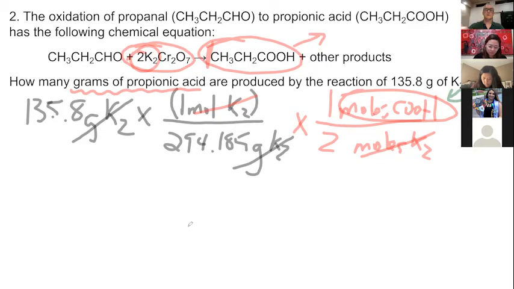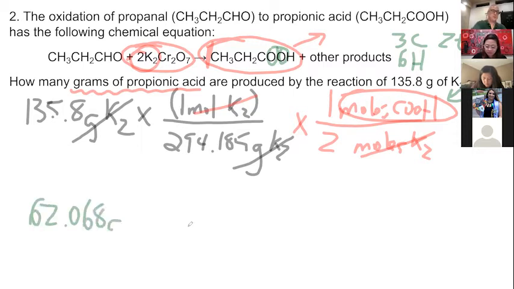It's 3 carbons, 3 plus 2 plus 1, 6 hydrogens, and 2 oxygens. So you just add those together and you get 62.068 grams per mole. So with that information, I now multiply by, now I want grams at the end.